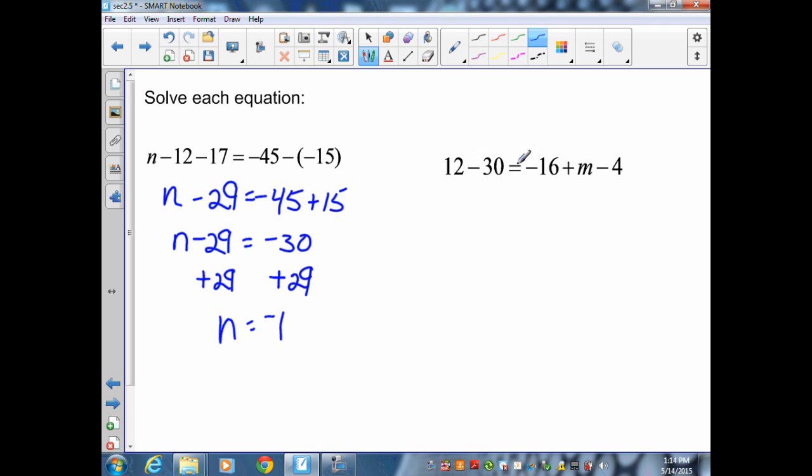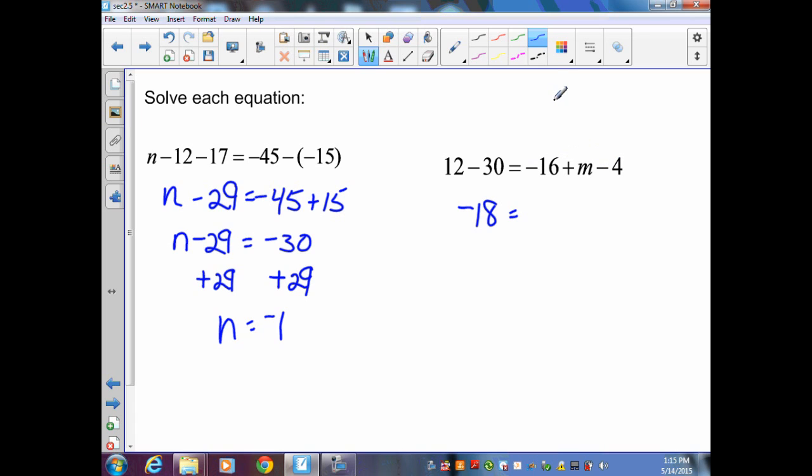On this example, again, I'm going to copy the problem, simplify the left and right side. 12 minus 30, which is 12 plus a negative 30, so different sign, subtract, use the sign of the larger. I get a negative 18. Equals, and notice here, I want to simplify, but I don't want to use this plus sign. I want to say a negative 16 and jump over the plus sign, minus 4.